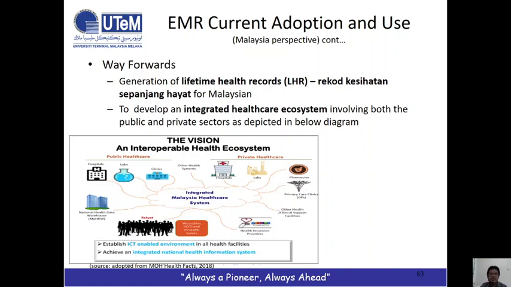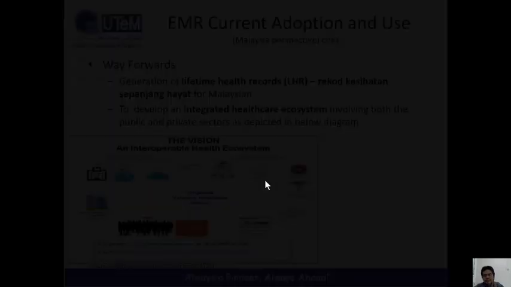Another way forward is to develop an integrated healthcare ecosystem involving both the public and private sectors, as depicted in the diagram below. This is their vision: an integrated healthcare information system across private and public hospitals, especially to generate the lifetime health record or medical record for patients.